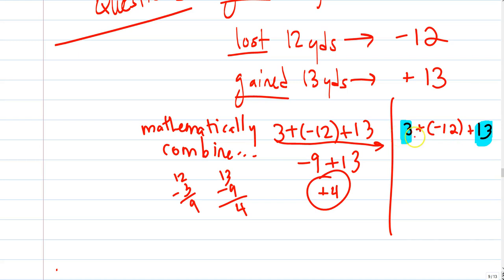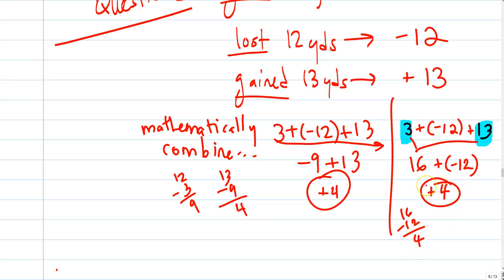So I can add the 3 and the 13. Same sign combines to give me 16. Then bring down the plus -12. Opposite signs cancel. 16 minus 12 would be still positive 4. So if that bothers you, don't do it that way. We'll talk about that more later. But I want you to know that if that's something you do know how to do, you can feel free to do that in these questions.